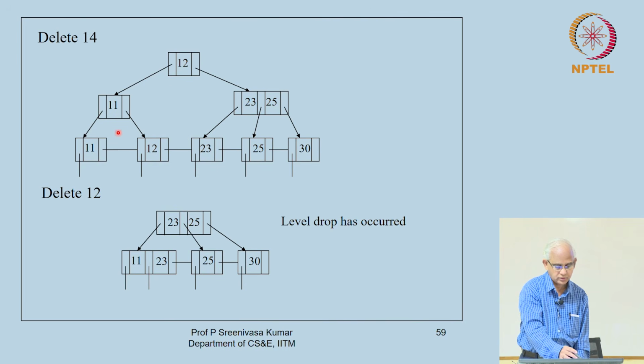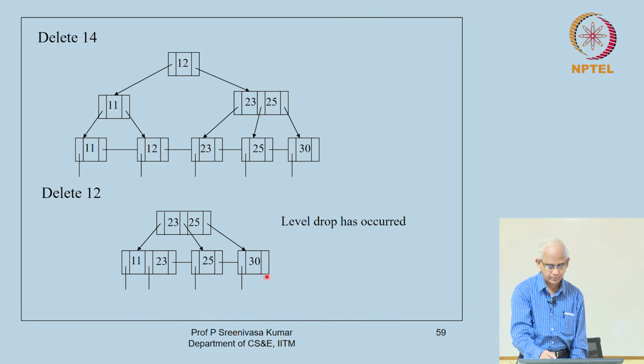And now you try to merge it. If you try to merge it, then this fellow will have only one, which is not allowed. So then you will have to drop this parent, adopt this as the new parent, and adjust the tree again. So this is how the B+Tree can actually lose height as it goes.